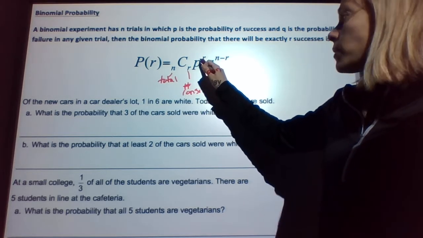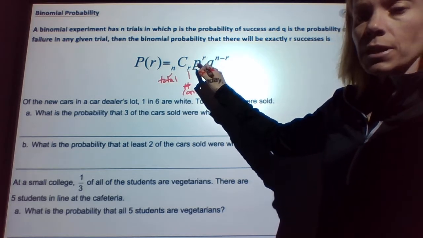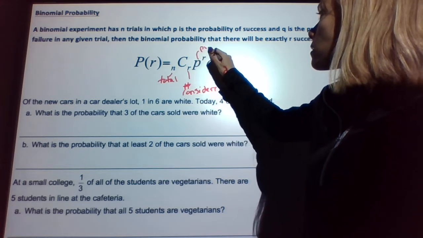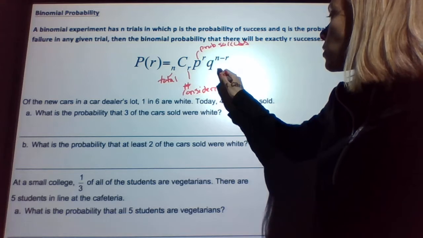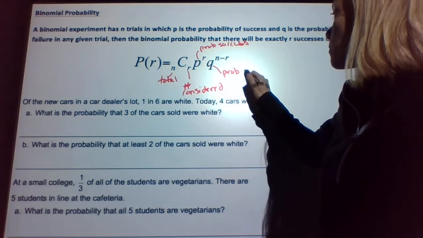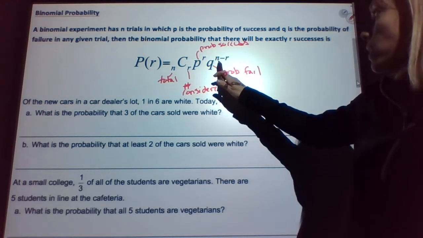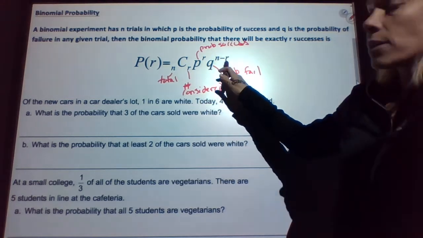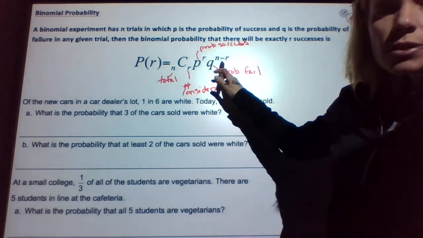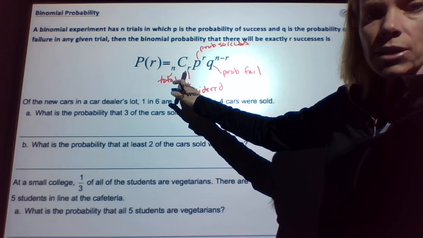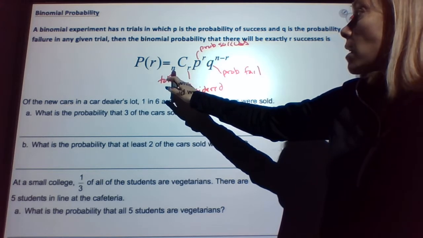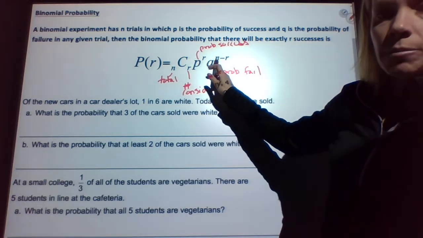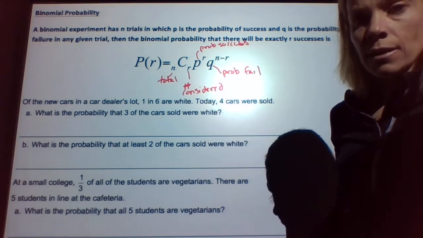P, we just went over that, is your probability of success, and Q is your probability of fail. What are this n and r up here as your exponents? Those n and r's are the same as your combination over here. So whatever n is here, you would put that same n value in here, and same with the r.